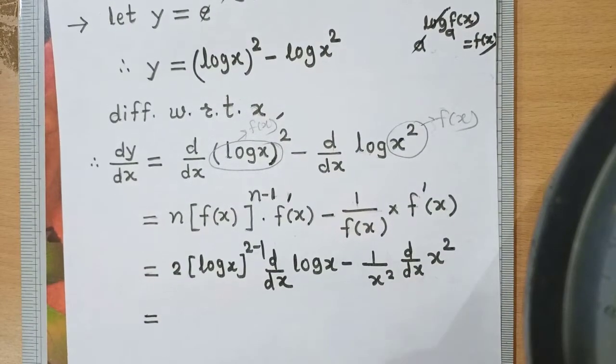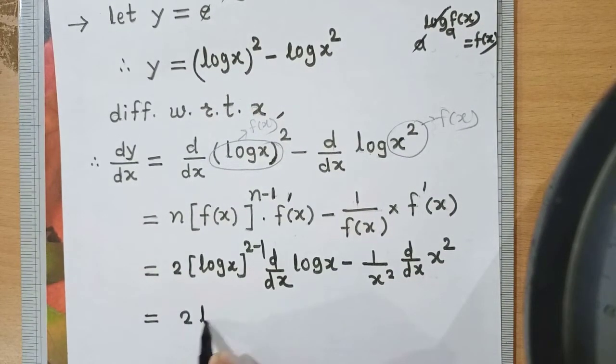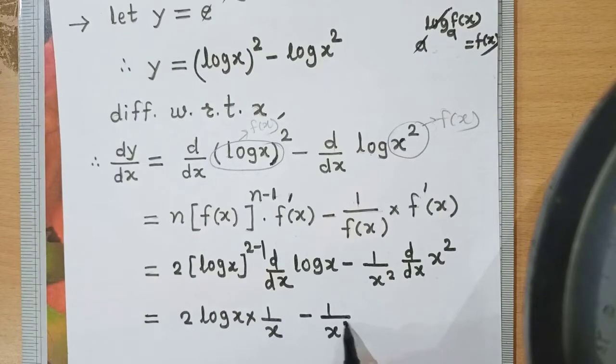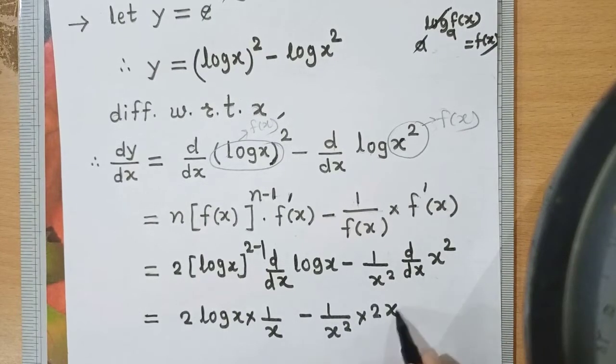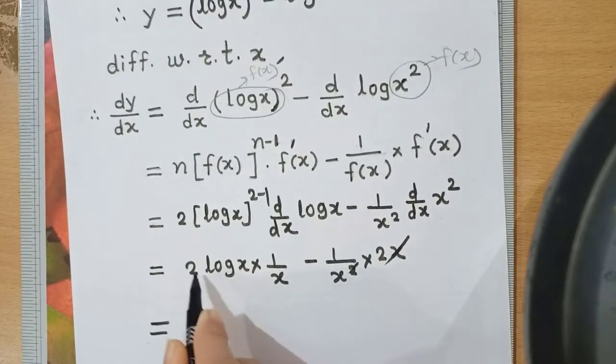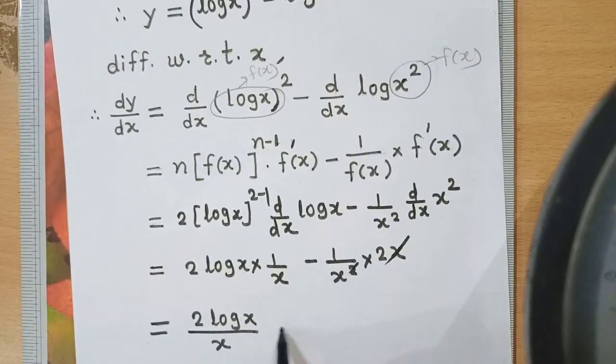Now in the next step find out derivative. Here 2 log of x, derivative of log x is 1 upon x, minus 1 upon x square, and derivative of x square is 2x. x gets cancelled, and so the final answer is 2 log x upon x minus 2 upon x.